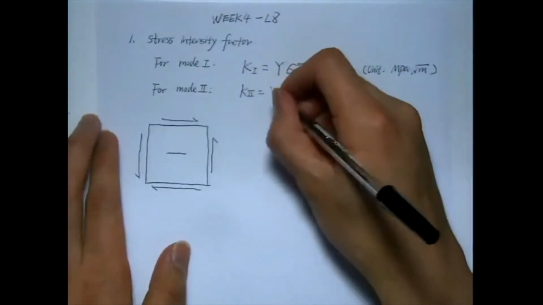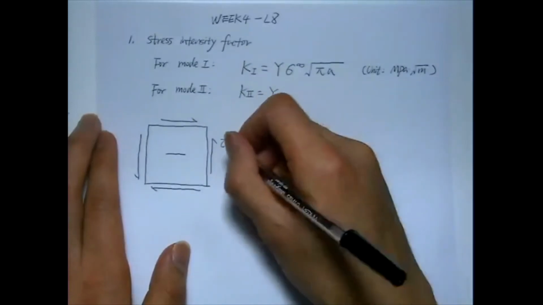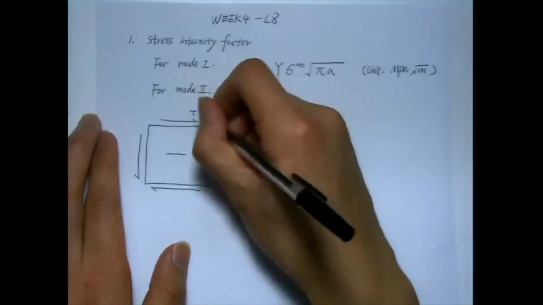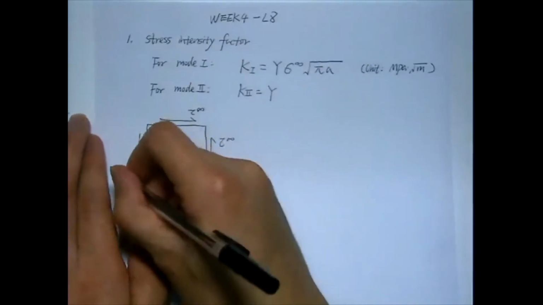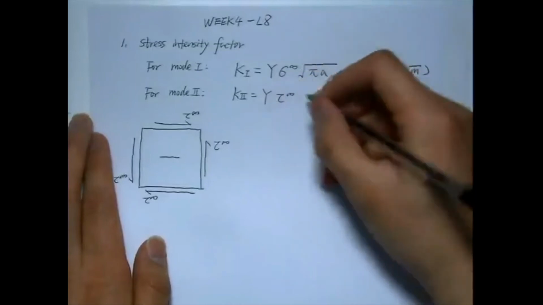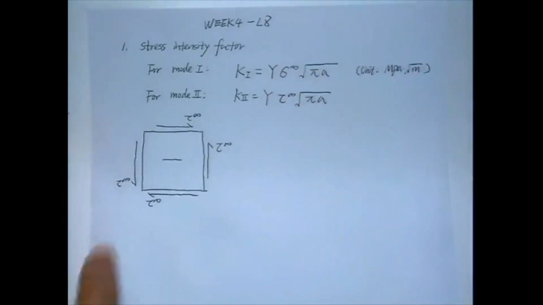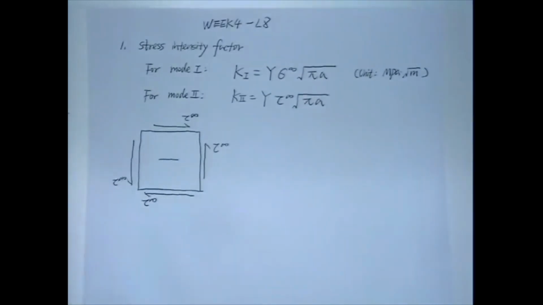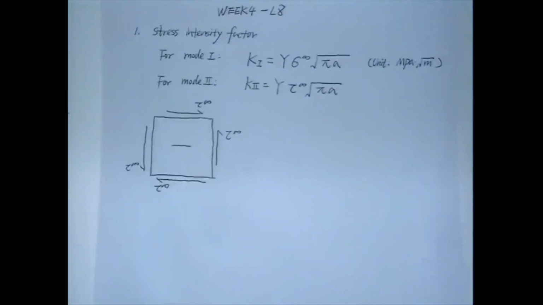You have Y, but here, because we apply a shear stress, shear remotely, so that is shear stress times square root of pi a. As simple as that. Just change the stress here. That's mode 2. Mode 3, similarly, you have a tearing stress.